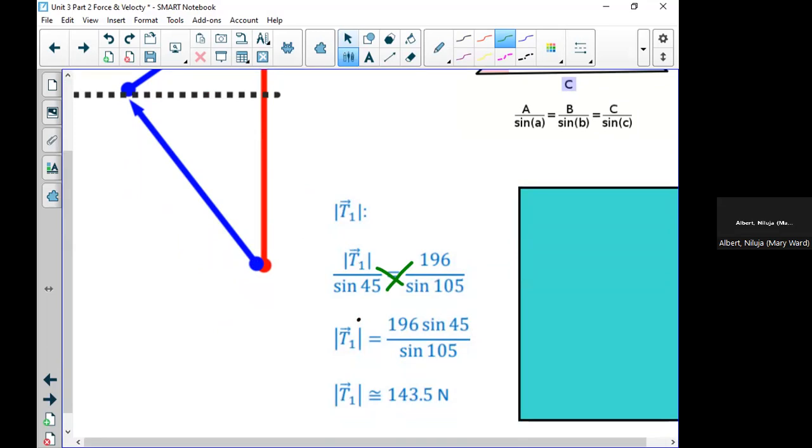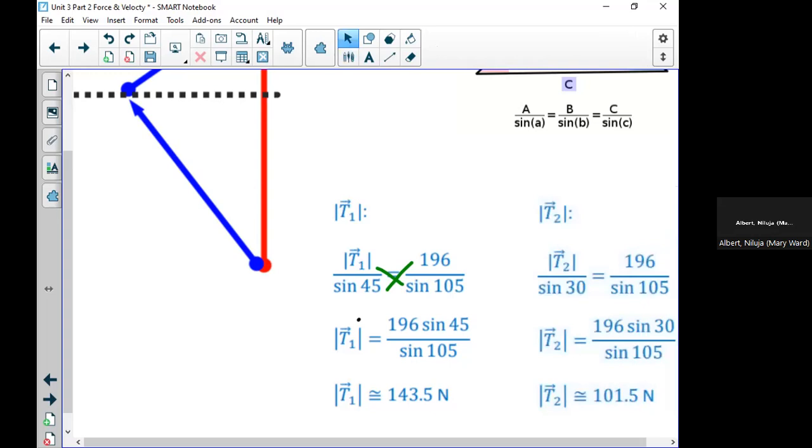If I punch that into my calculator, don't do it all at once. First, calculate your numerator, 196 times sine 45, press enter, and then divide by your denominator. That will give me 143.5 newtons approximately.